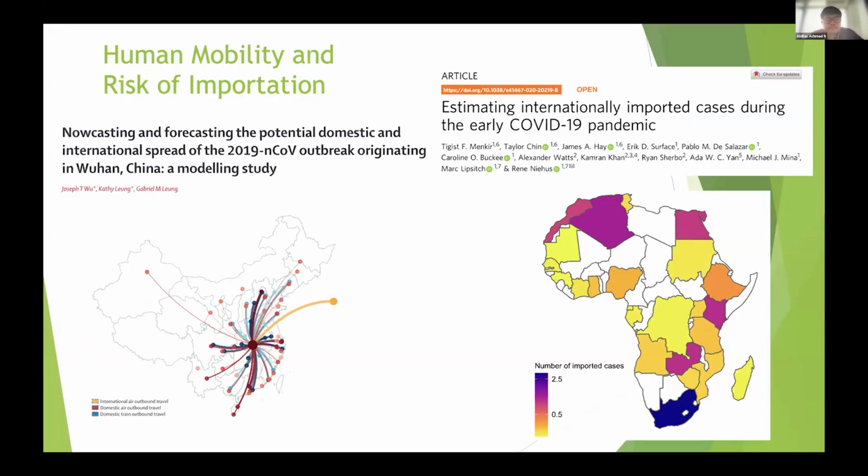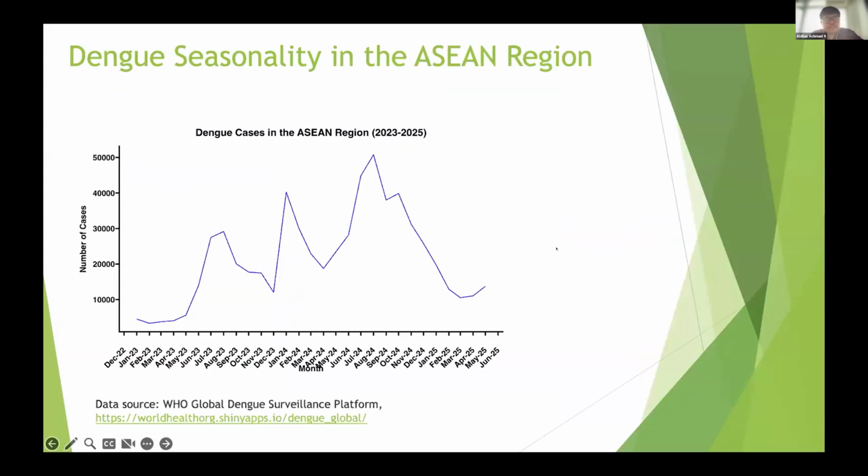The spread of the outbreak from Wuhan, China to other countries was facilitated by international travel. There are also some modeling studies predicting how the spread occurs, using mathematical modeling or machine learning.